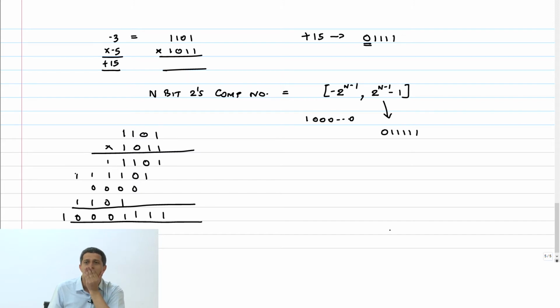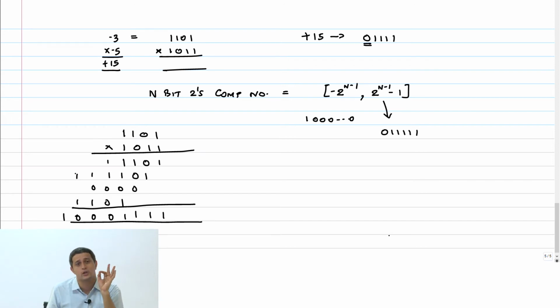So is this right? Is it right to discard the carry? First thing is, when you're doing 2's complement multiplication, you have to be very careful about the preceding 0, like I told you.